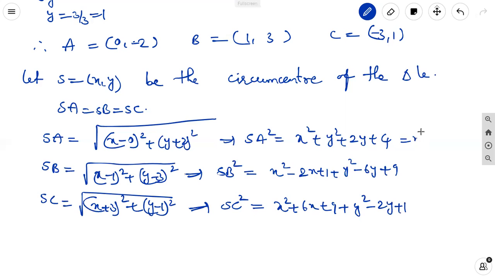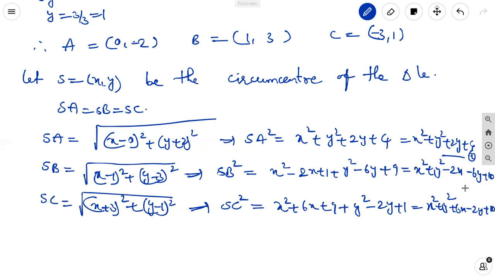From this, SA square is equal to x square plus y square plus 2y plus 4. SB square is equal to x square plus y square minus 2x minus 6y plus 10. SC square is equal to x square plus y square plus 6x minus 2y plus 10. Let these be equations 4, 5, 6.